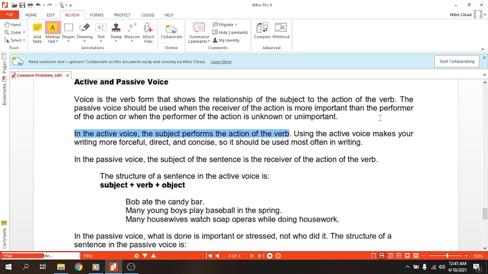Okay, jika itu saja, saya makan, dia berlari, itu kan kelihatan bahwa subjeknya melakukan sesuatu. Okay, Ani menggambar. Ya, kalau di passive voice, the subject of the sentence is the receiver of the action of the verb. Okay, beda ya, jadi satu yang perform, satu receiver.